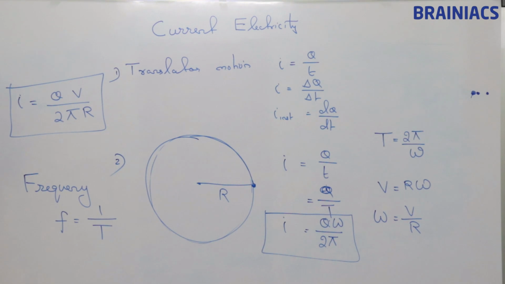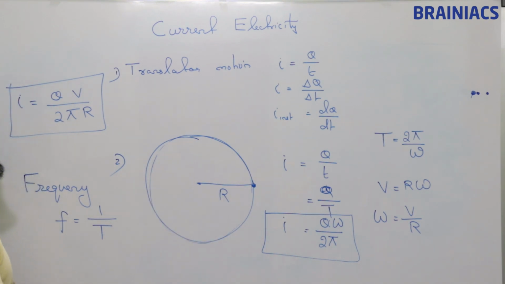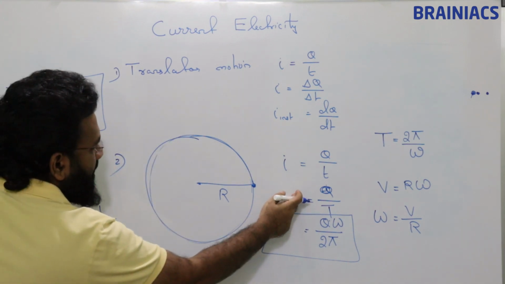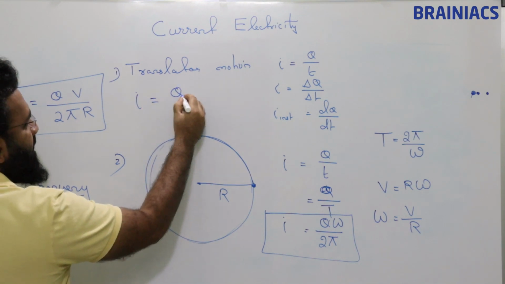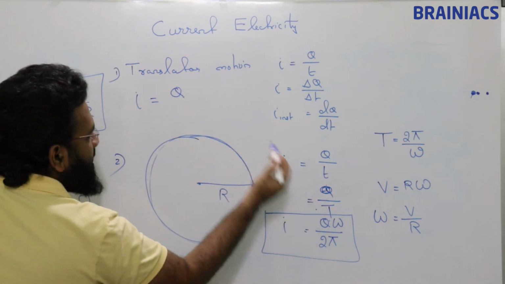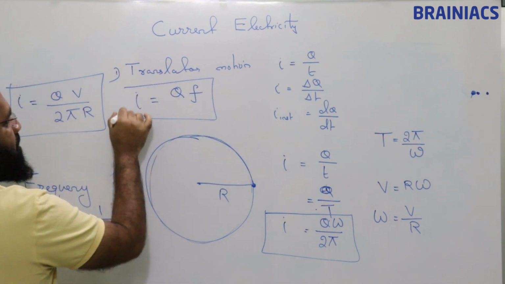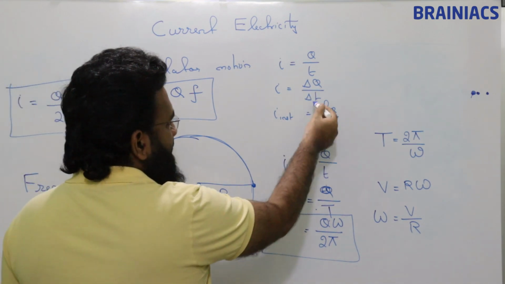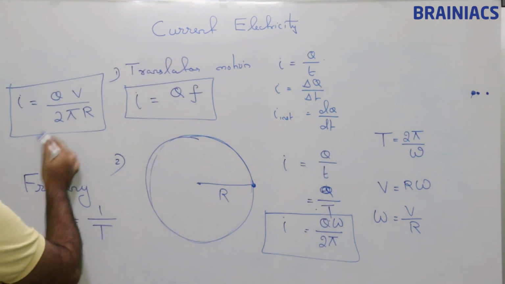This is the time period. So putting this in that equation, again, I is equal to, instead of Q by T, we can have Qf. So from this basic formula we came to all these formulas.